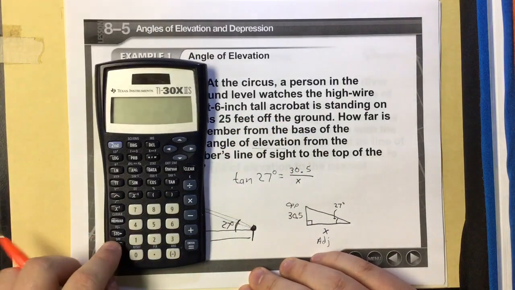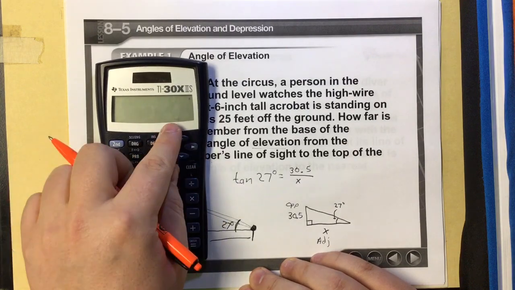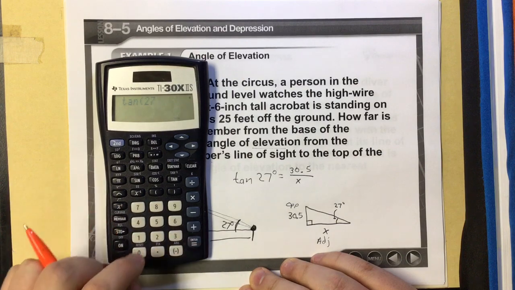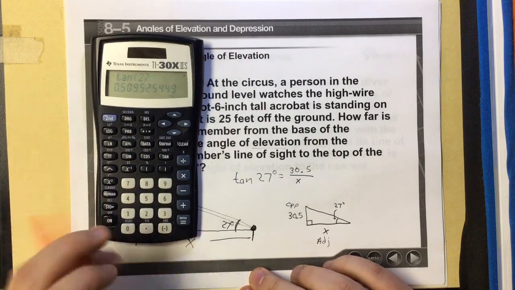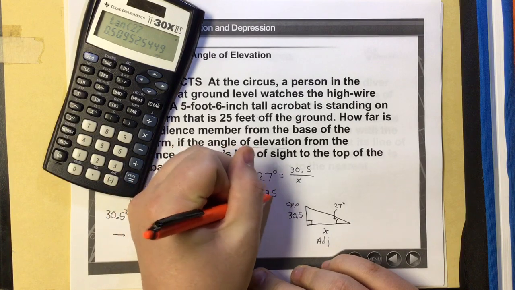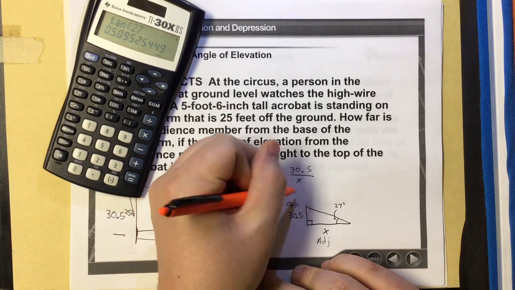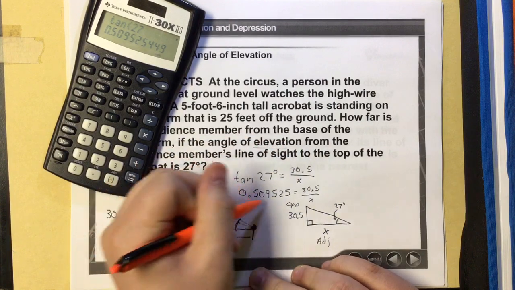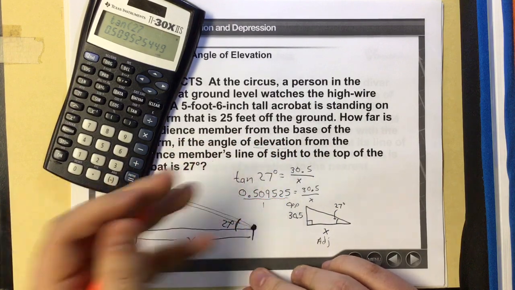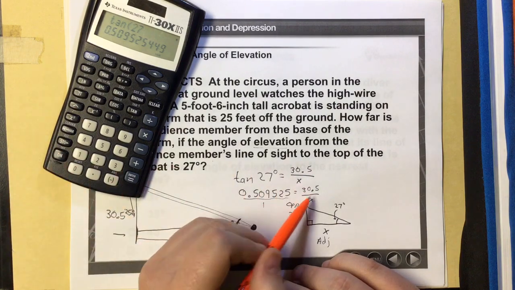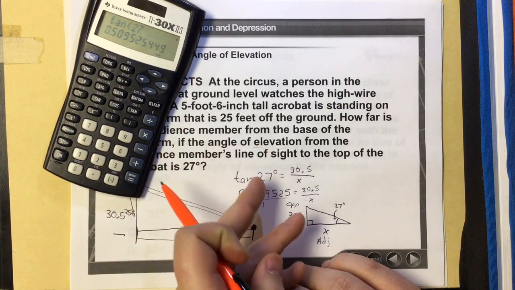So now in our calculators, make sure we're in degrees mode, DEG right there. So I do the tangent of 27, and I get that decimal. I have 0.509525 is equal to 30.5 over X. Again, we talked about you can put this over 1 and cross multiply if you want, but what you're actually going to do is X and that decimal will switch places.